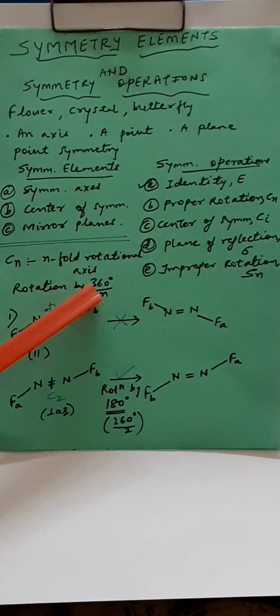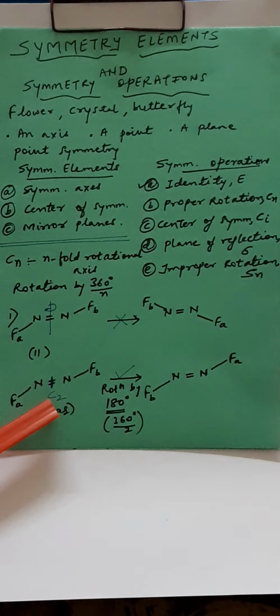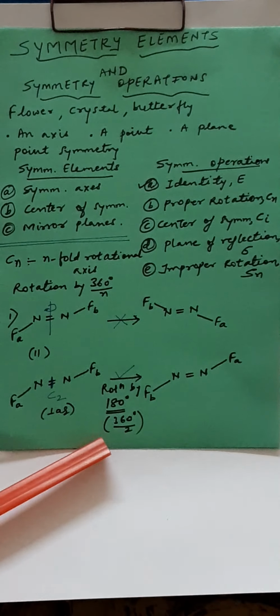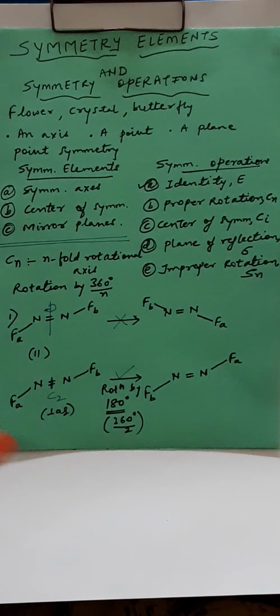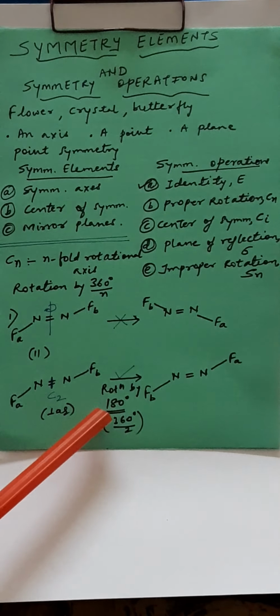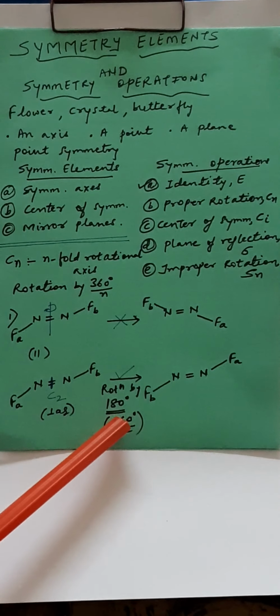Say for example, if I want to perform the C2 axis of rotation, that means here my n is 2. It becomes 360 degree divided by 2, that is 180 degree. That means for applying the C2 axis of rotation, I am rotating my molecule by 180 degree each time.